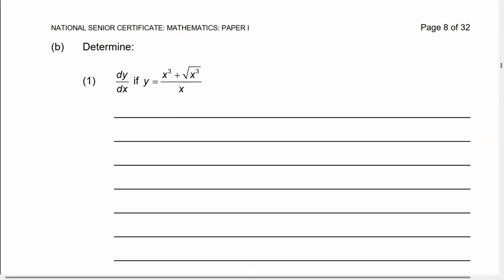Every time if they give you something that's complicated, break it down to pieces. So you need to break it down to pieces, which is x cubed over x plus x cubed over x. This is x squared plus x to the power 3 over 2 over x. So this is x squared.